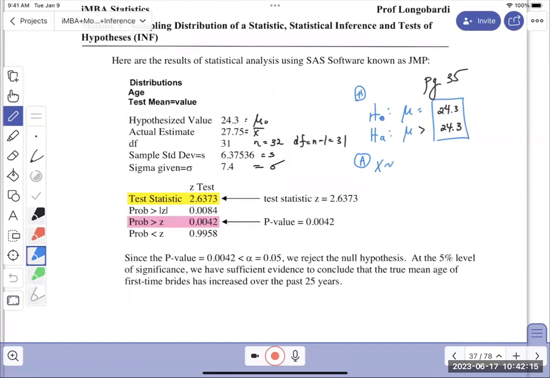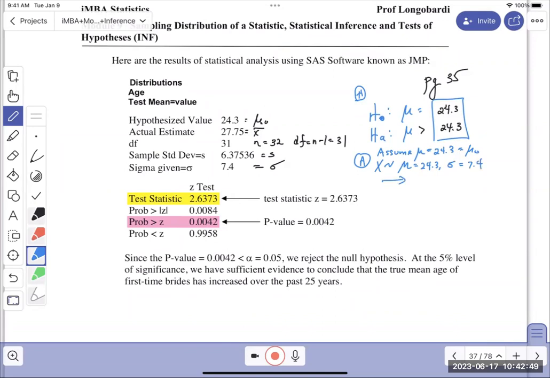So X is distributed with a mean of, so this is assume mu equals 24.3, which is our hypothesized mean. So X is assumed to have a mean of 24.3 and a standard deviation, notice I use sigma, not S, of 7.4.